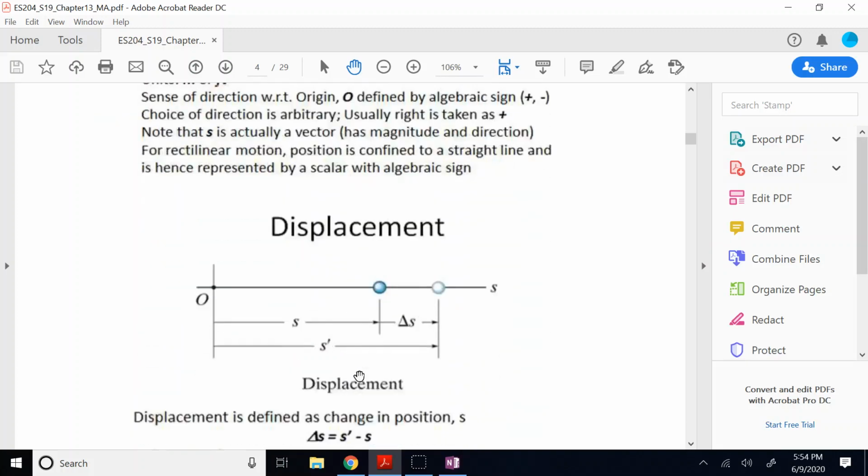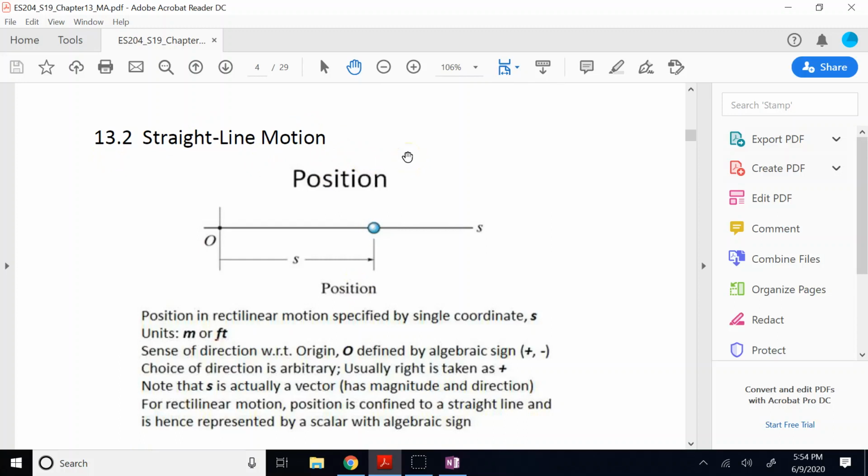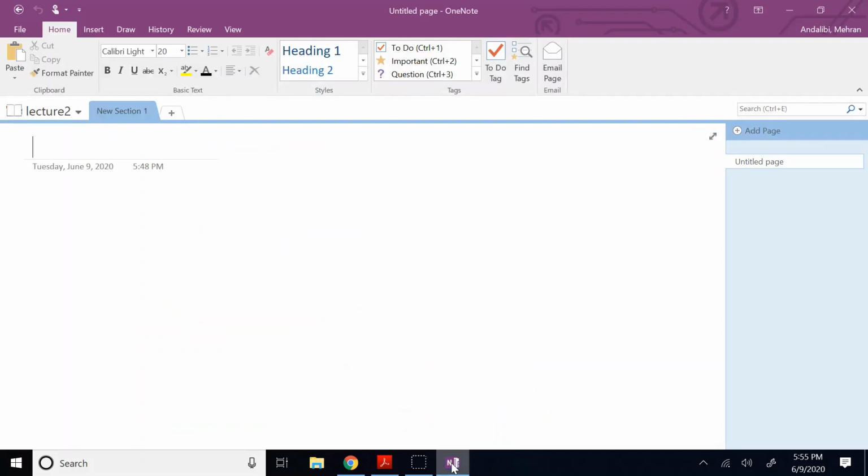Now, before I get into other definitions, where in real life do you see this type of motion, a straight line motion, where the object is basically constrained to only move along a straight line? Probably one example is the slider crank mechanism, or a piston inside a cylinder, right?